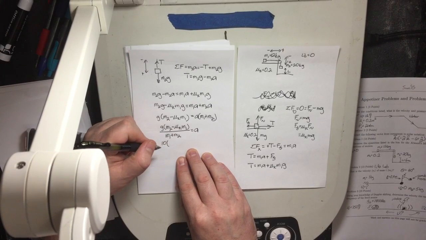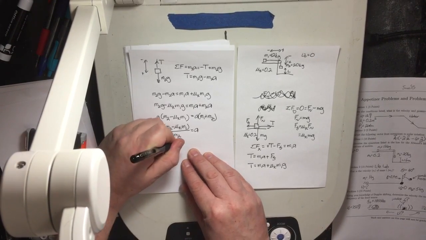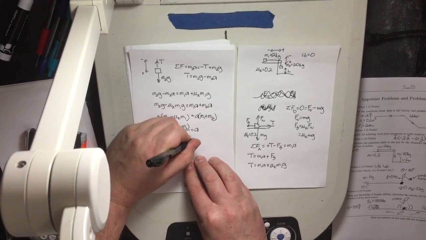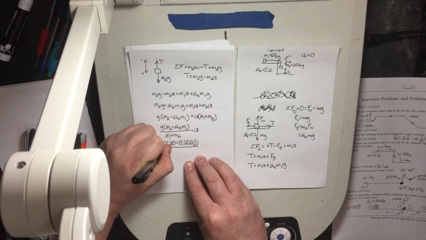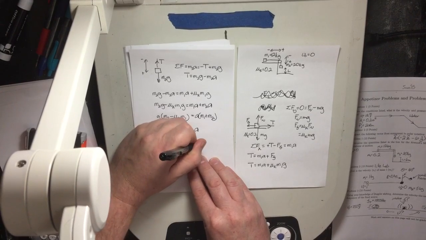G is 10, M2 is given, 20, minus mu sub k 0.2, M1 is 12, divided by M1 12 plus 20.